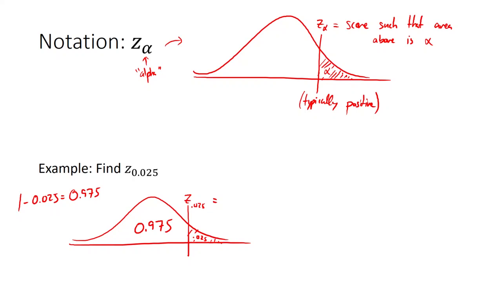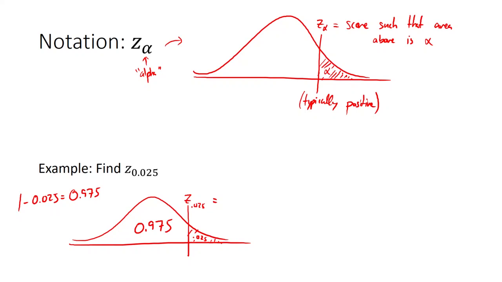If you go inside your table, now this is going to be a positive z-score. Where do you hit the 97.5 percentile? I think you hit it exactly. Go to the 1.9 row. Oh, you're right. Yeah, look at the 1.9 row.